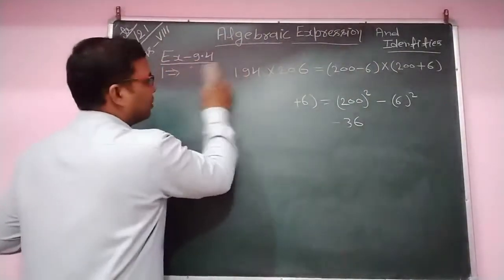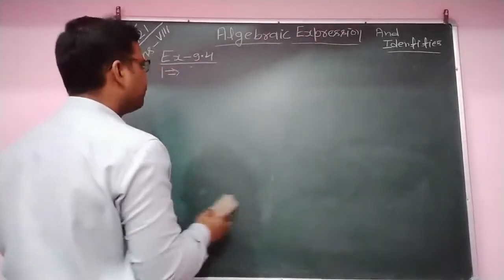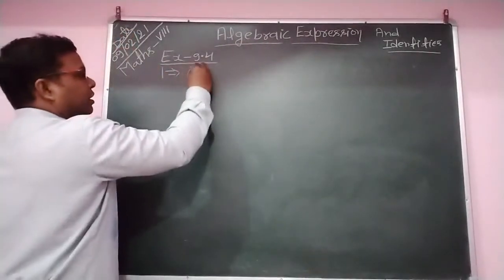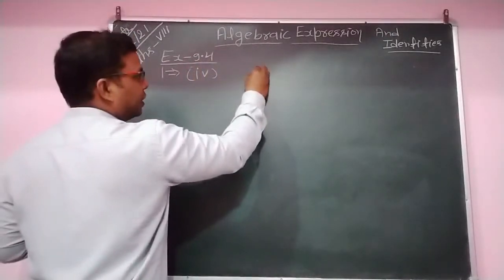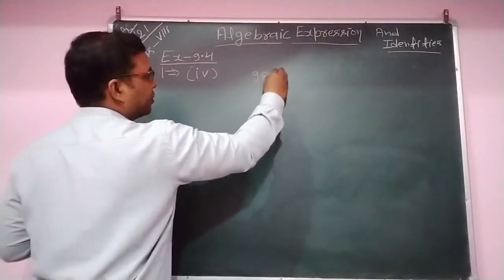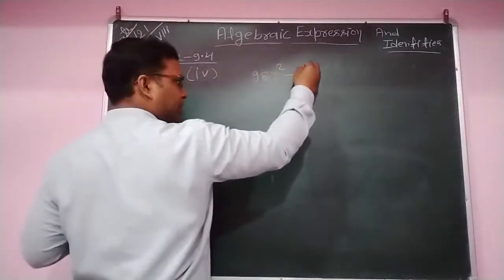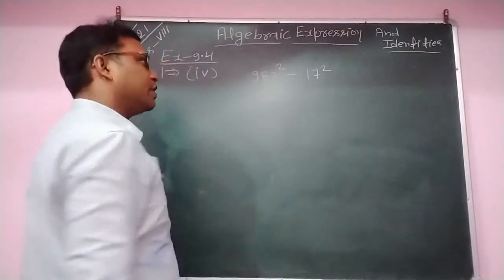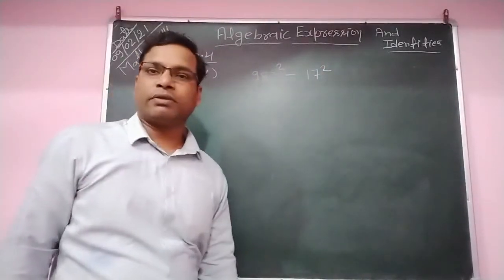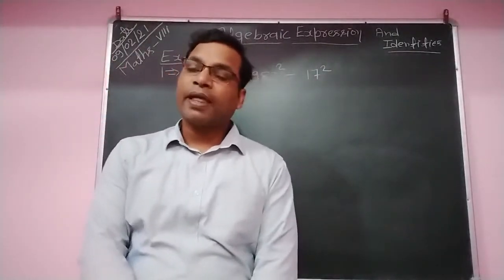Now the next part is the fourth part of question number 1. This is given. We need to evaluate 983 whole square minus square of 70, the square of 983 minus the square of 70, by using suitable identities.